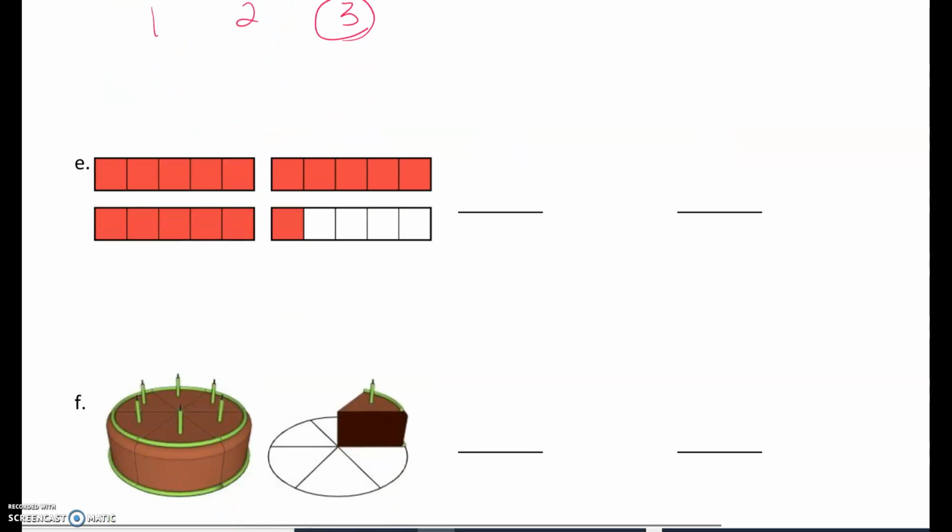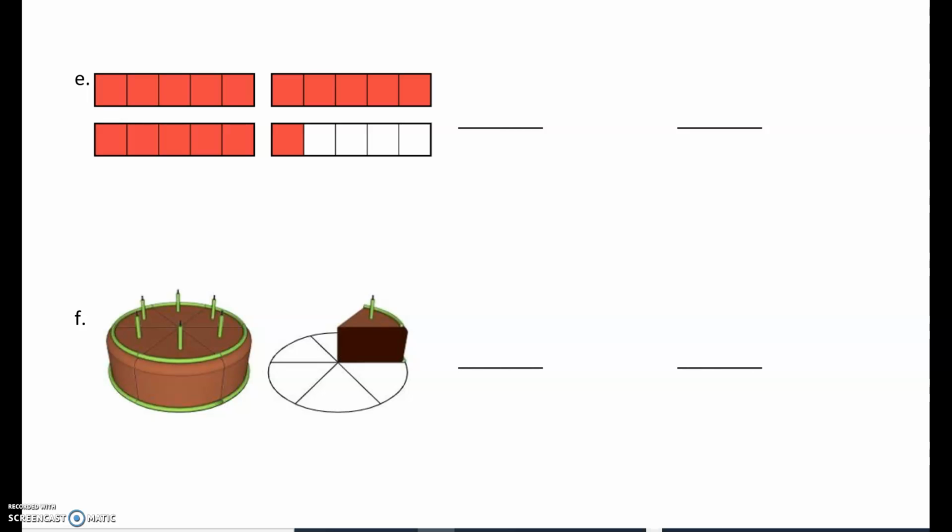All right, so E. Again, you want to ask how many equal pieces am I breaking this up into? Well, 1, 2, 3, 4 into fifths. So my denominator will be 5. Well, how many total shaded in do I have? Well, I have 5 here, 6, 7, 8, 9, 10, 11, 12, 13, 14, 15, 16 total shaded in.